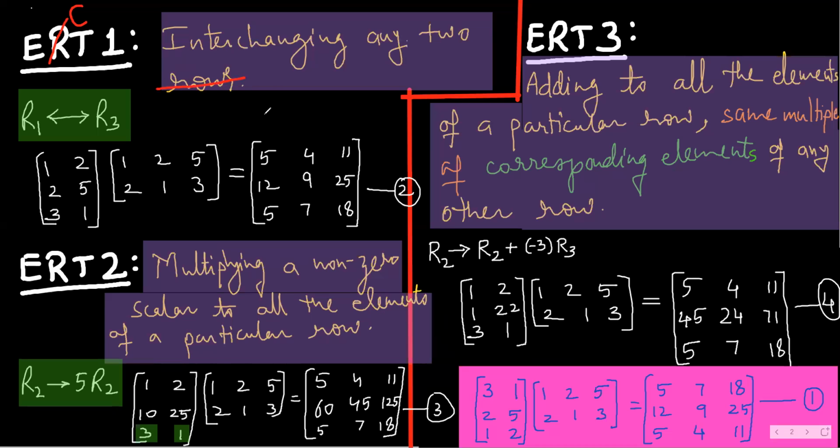And if it is column, then definitely it is post factor matrix. So you write C2 interchange with C3.